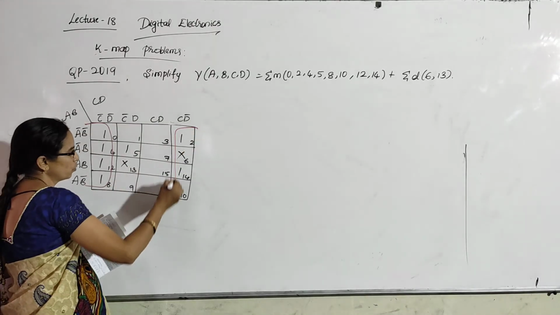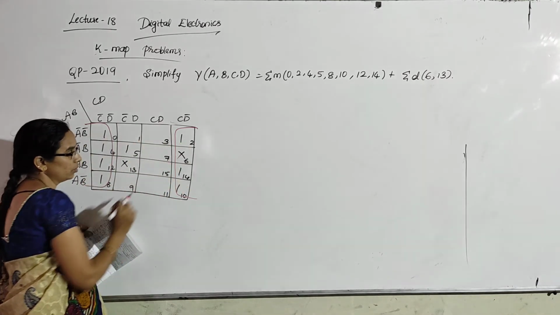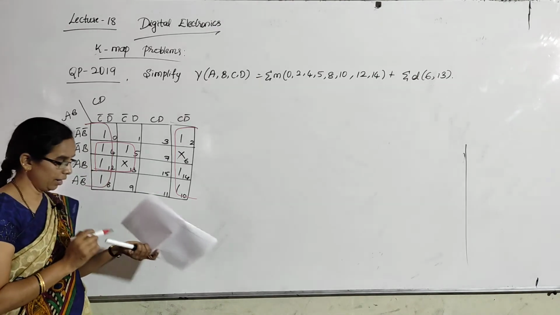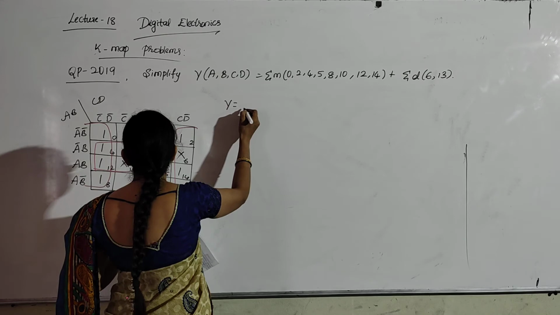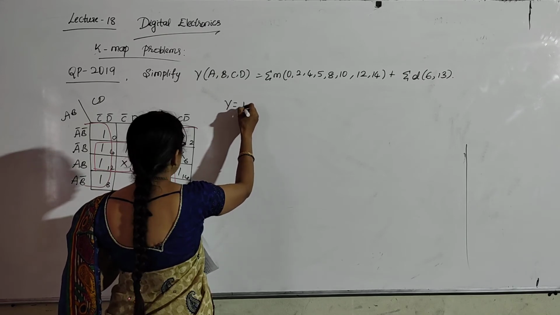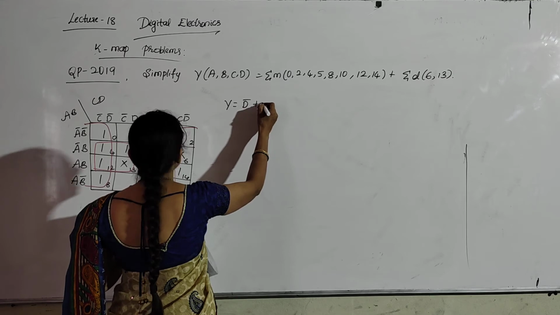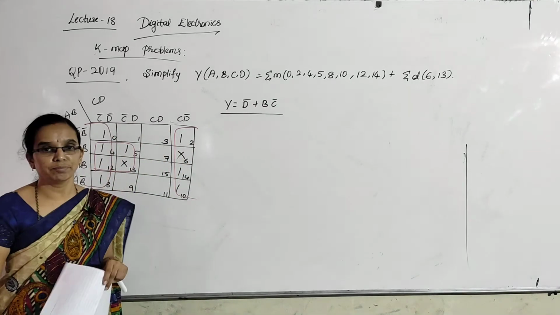These two quads make an octet, this side 4, this side 4, and this one makes a quad. So Y is equal to D bar is common plus B C bar. This is my final simplified expression.